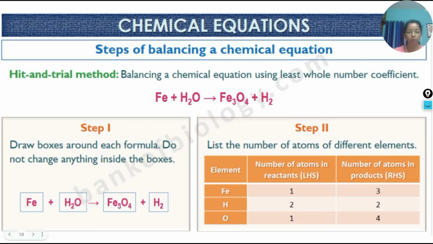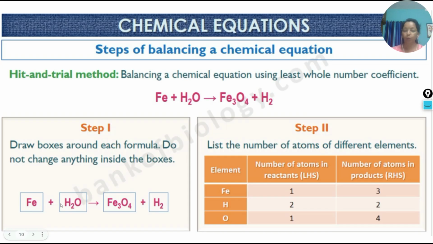So in order to start balancing, we select the compound which has the maximum number of atoms, and in that the element which has the maximum number of atoms. So here the compound is Fe3O4 and the element is oxygen. First we'll balance the number of oxygen on both sides. On the LHS we have only one, whereas on the RHS we have four, right? So we can make the oxygen 4 on the LHS.